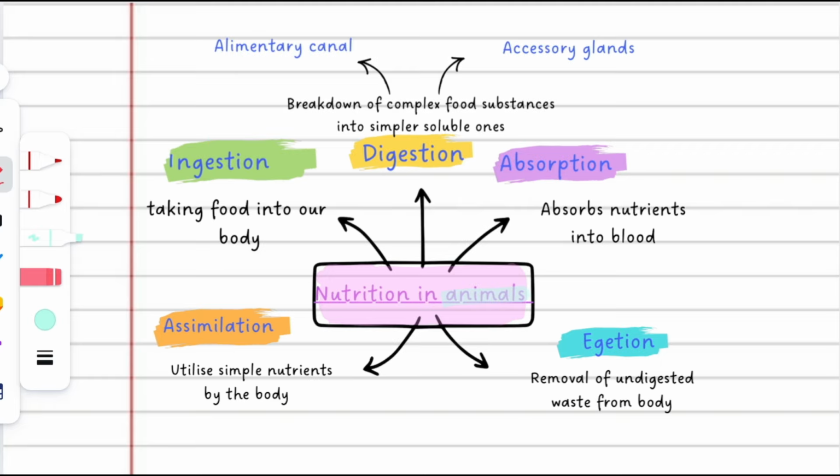And animals are also heterotrophs, and they perform the heterotrophic mode of nutrition. So in nutrition in animals, the nutrition involves 5 individual steps: ingestion, digestion, absorption, assimilation and lastly egestion.